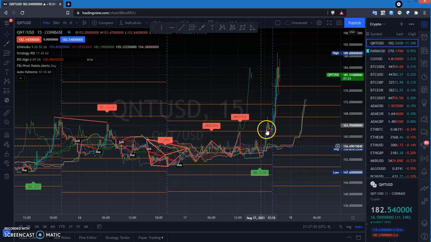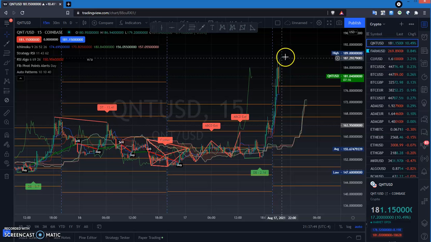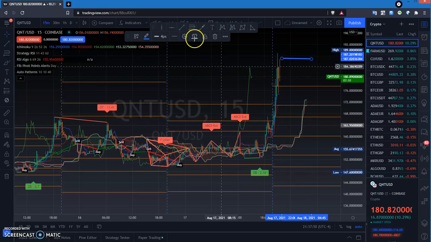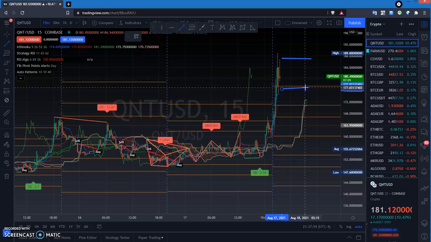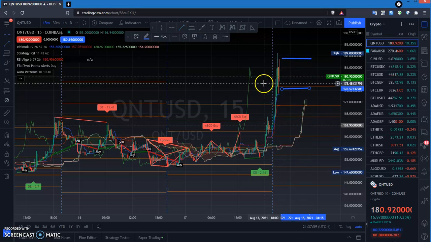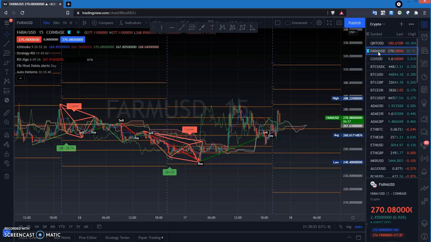If I had caught it back here, somewhere like that, I would have got into it. But because it's already trading in a range, it's going to be like that for a little bit before it takes off. If it takes off, or breaks down, I don't know, but it's in a range, so it's not really going to go anywhere at this point.